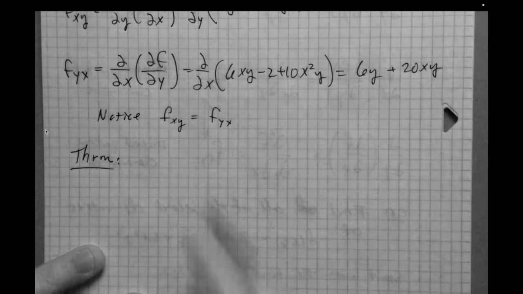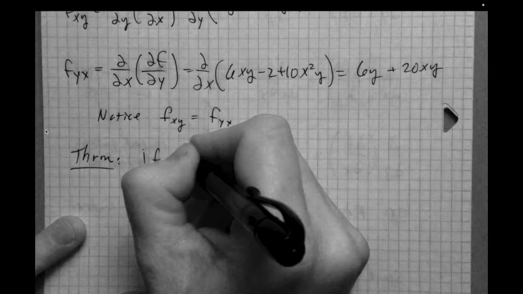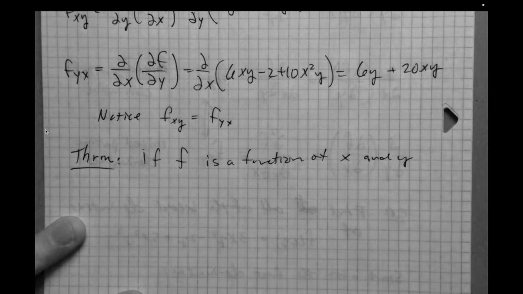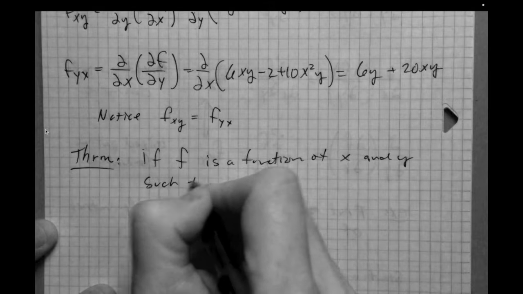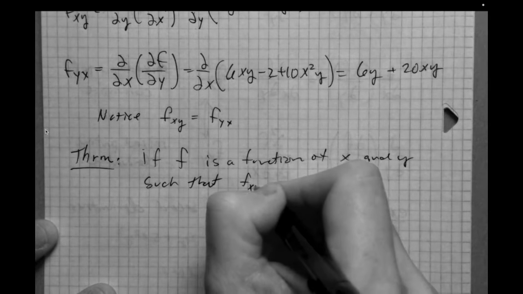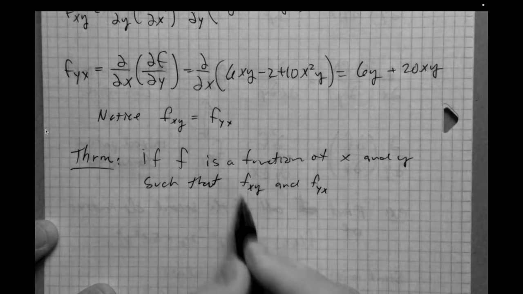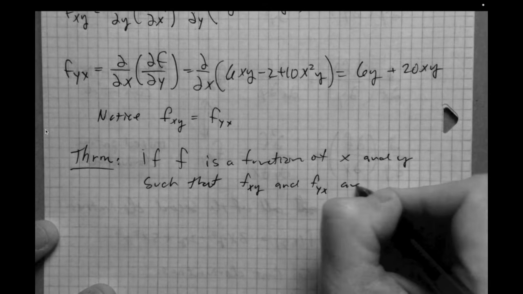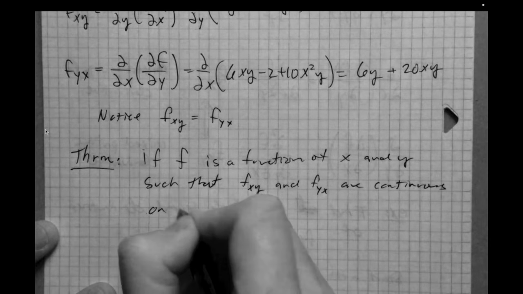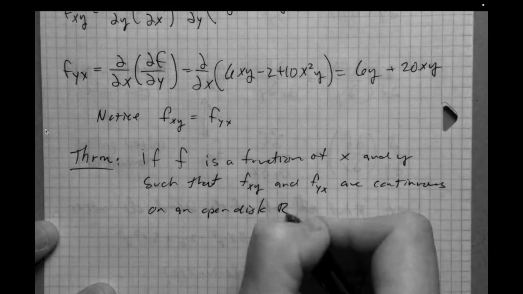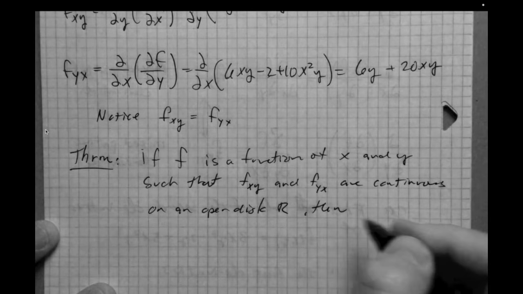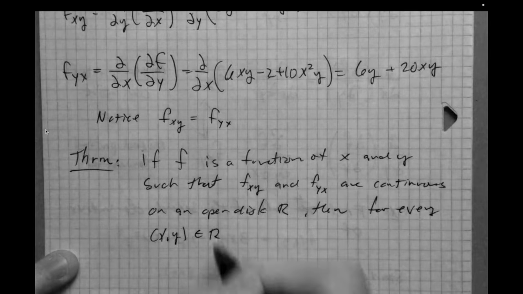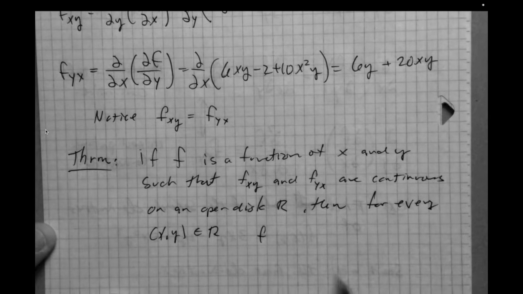What we'll say here is that if f is a function of x and y such that f sub xy and f sub yx, the mixed partial derivatives here, are continuous on an open disk R, then happily, for every xy in the open disk R, the mixed partial derivatives match.